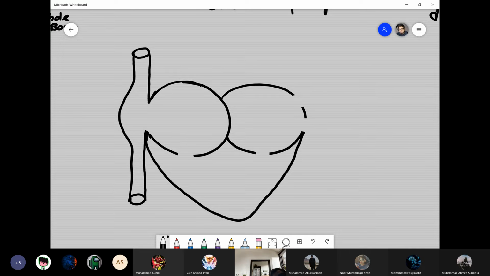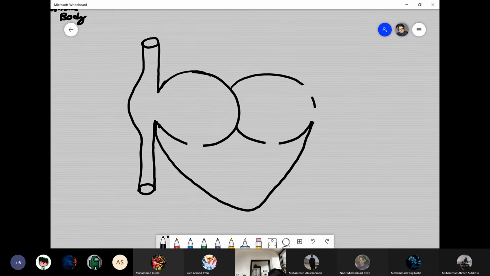Okay boys, can you see that it is taking the shape of the heart, right? Yes, sir. The next step, you draw this, and then over here you draw this.